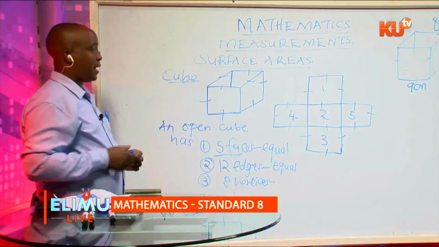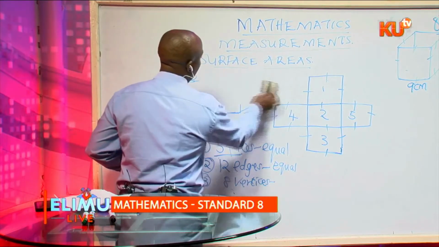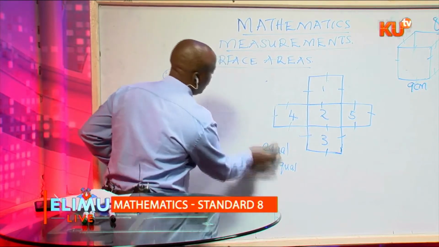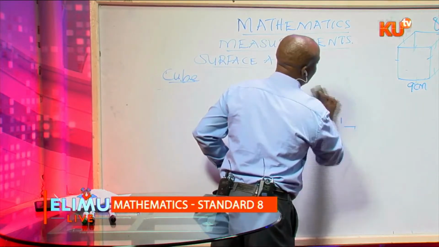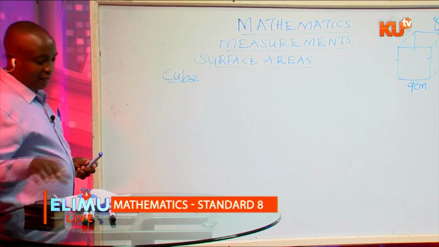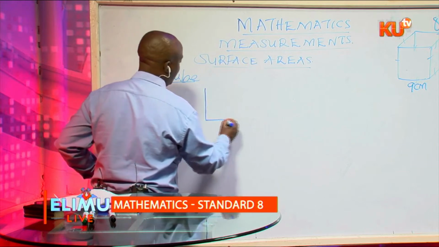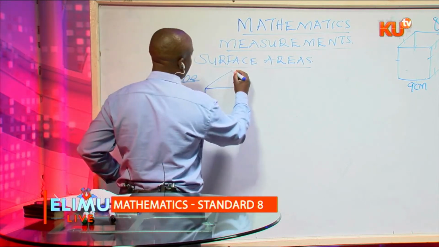So from there, I give you another example. Then we go to getting the length given the side of a cube. To find the side of a cube given the total surface area. So what is the total surface area of a cube of sides 13 centimeters?